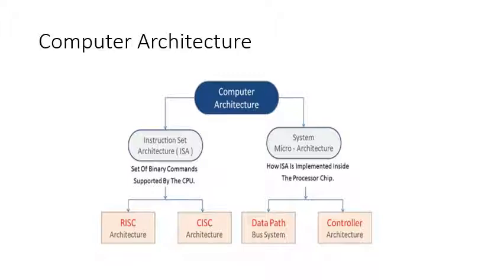The system architecture is a high-level design specification that does not specify any specific details of the hardware components. The computer architecture gives an abstracted view of the structure of various functional units and their behavior.